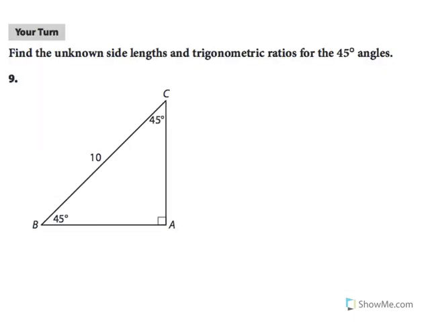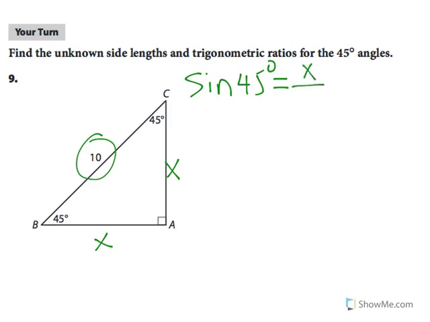Right? Okay, so then find the unknown side length and trigonometric ratio for a 45 degree angle. So we're given that this is 10, and we need to solve for these two. Right? So we can use trig. So we say that sine of 45 degrees is equal to opposite over hypotenuse.